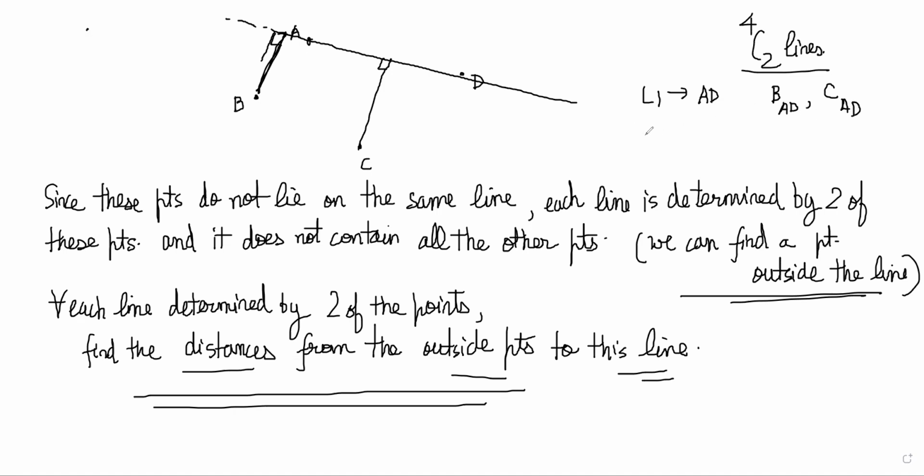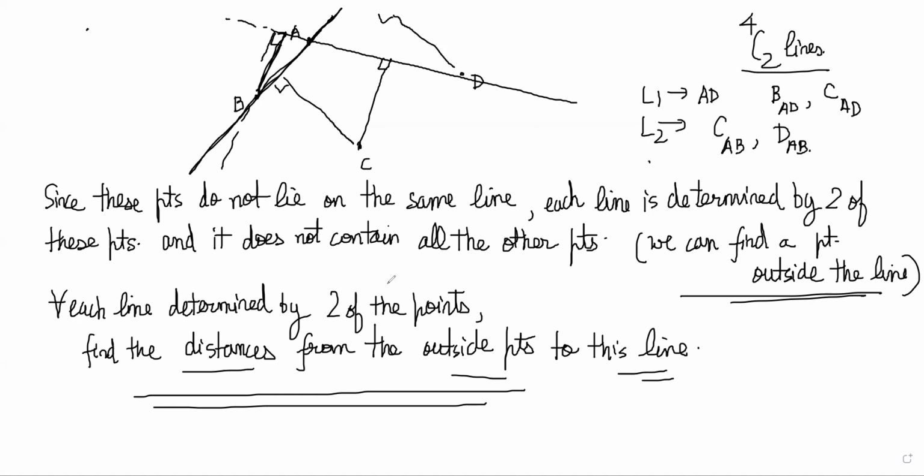These are two distances. Line 2 could be what? Line 2 could be the AB line. Join AB basically. And now you need to find the distances of C and D to AB, right? So basically distance of C to AB and distance of D to AB, right?